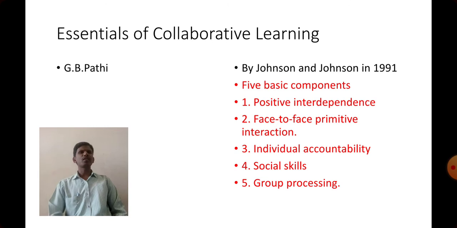The first component is positive interdependency. That means among the group members there should be a positive relationship. Every member has to depend upon the other members to get the solution for the problems which are identified or given by the teachers. Positive interdependence means every individual should depend upon the others.